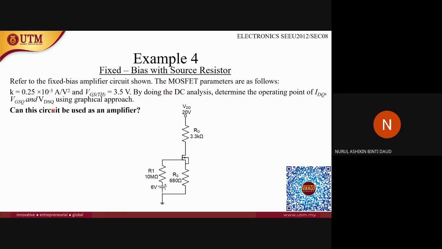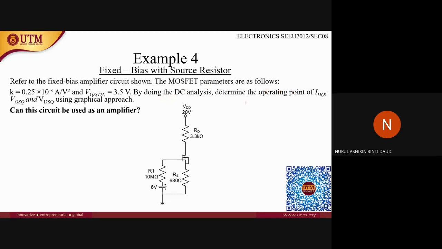since it doesn't mention, this is fixed bias with source resistor. With source resistor, you can see there is another resistor at the source here, and there's still another voltage at the gate here. This question didn't mention that you need to determine the operating point by doing the DC analysis.